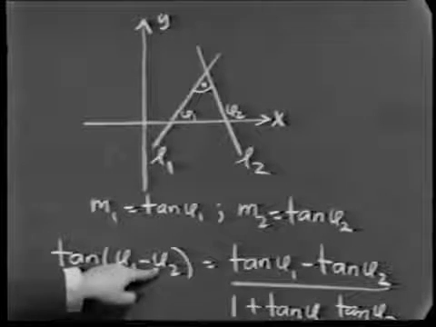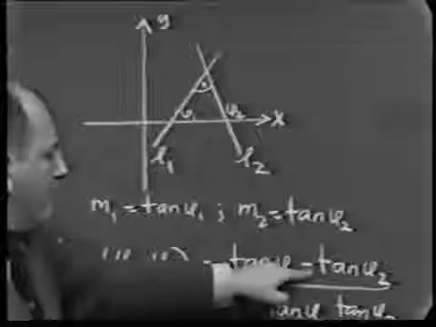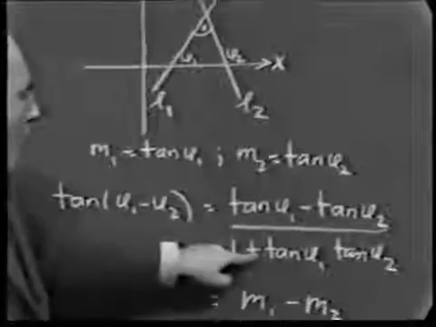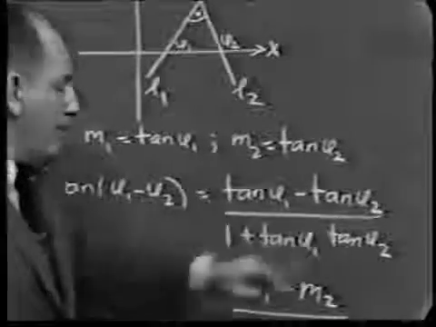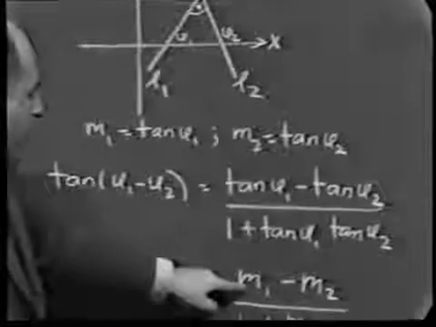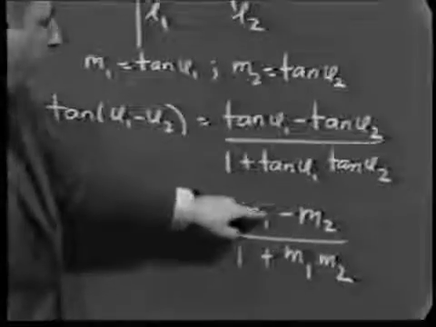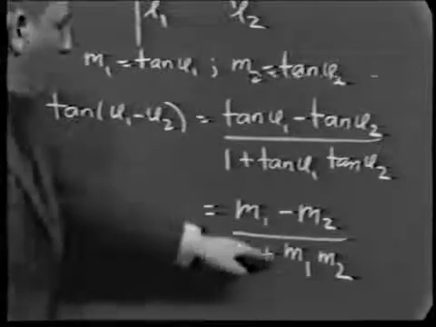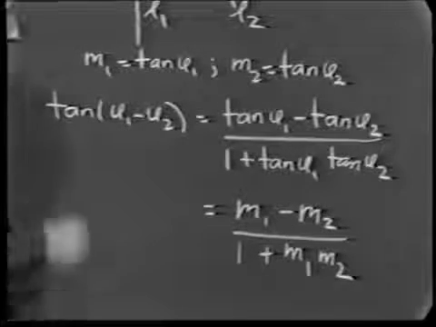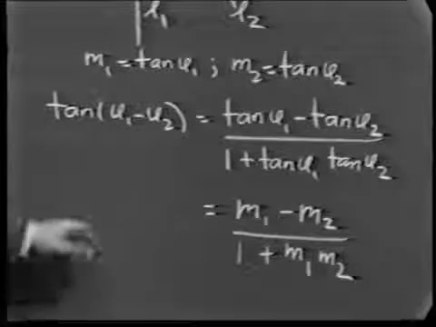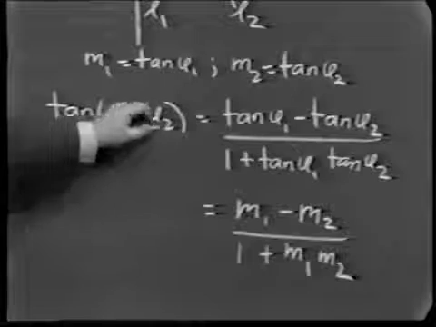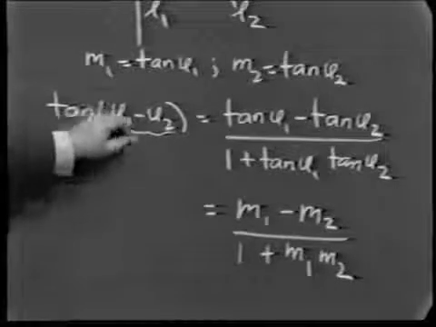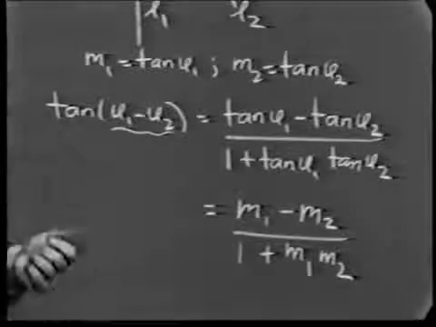Tangent of phi1 minus phi2 is tan phi1 minus tan phi2 over 1 plus tan phi1 tan phi2. On the other hand, by our definitions of m1 and m2, this is m1 minus m2 over 1 plus m1 m2. Excuse me. Now this tells me how to find the angle between two lines just in terms of knowing their slope.